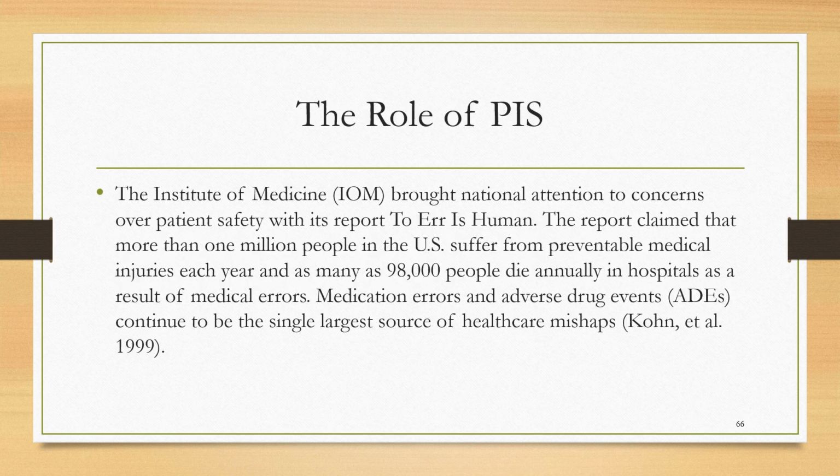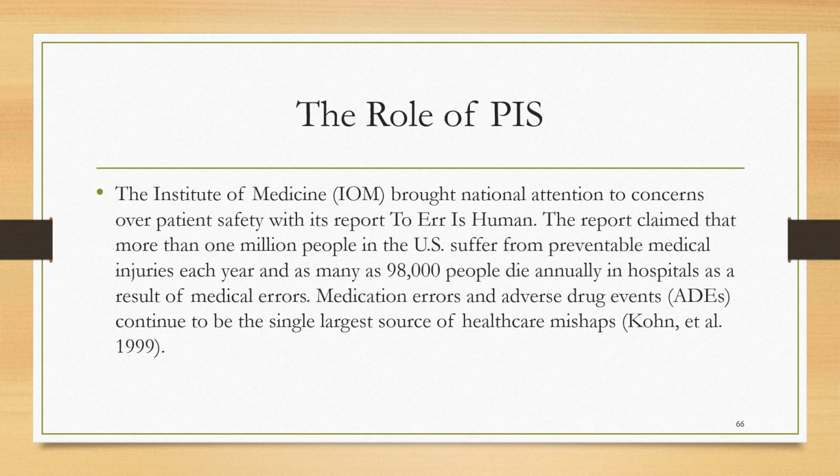So, what is the role of pharmacy information system in improving patient safety and healthcare quality? The Institute of Medicine brought national attention to the concerns of patient safety with its report, To Err is Human, 1999.